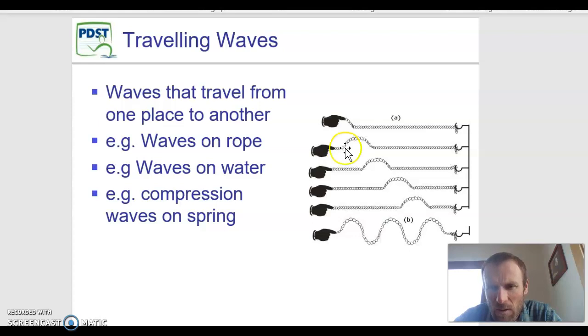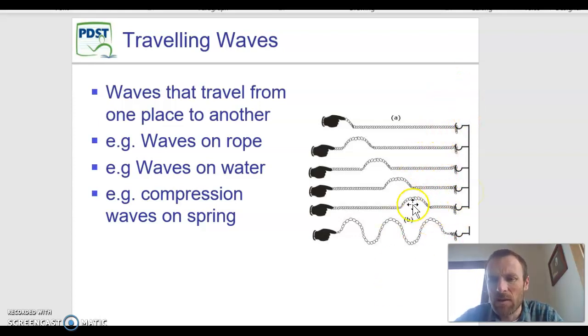You put energy into this rope in the form of the kinetic energy, really, of the rope material that is now moving, but the energy pulse travels through the medium along the rope and eventually hits the end, where some different things can happen depending on how the end is fixed.